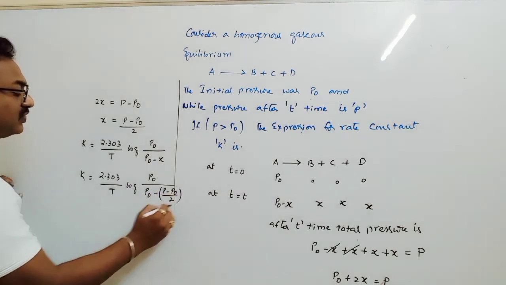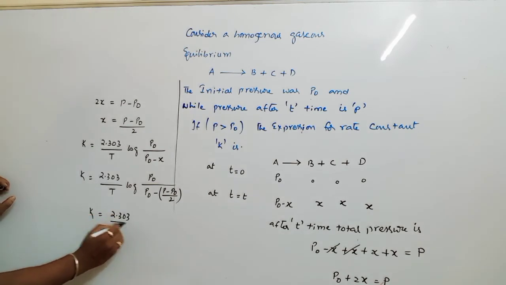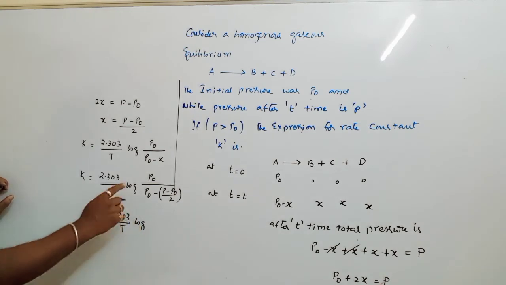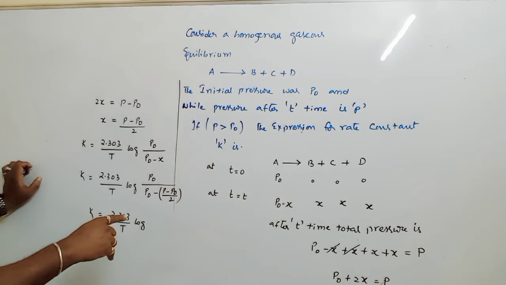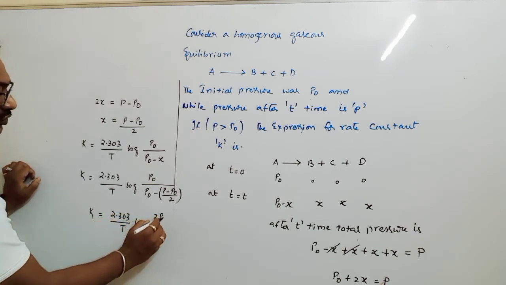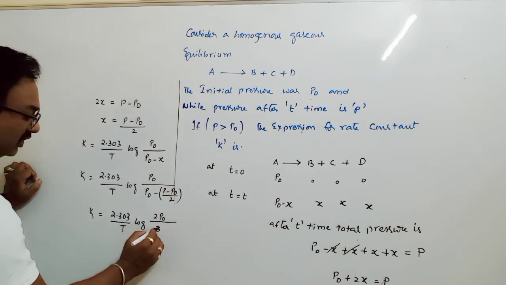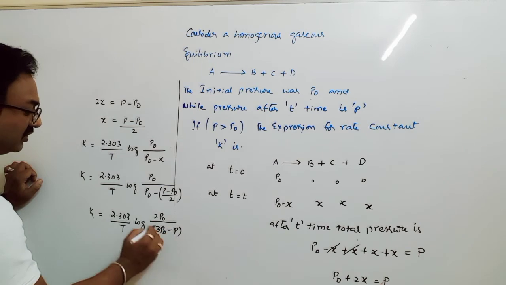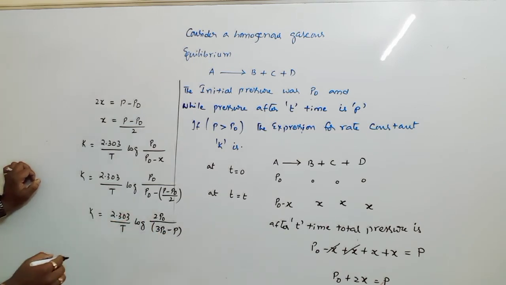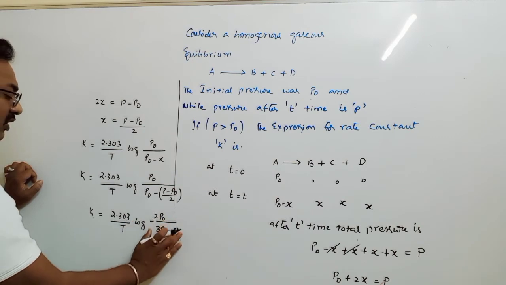By solving this, how much are you getting? Solve this expression, then the final answer will be log of 2P naught by (3P naught minus P).